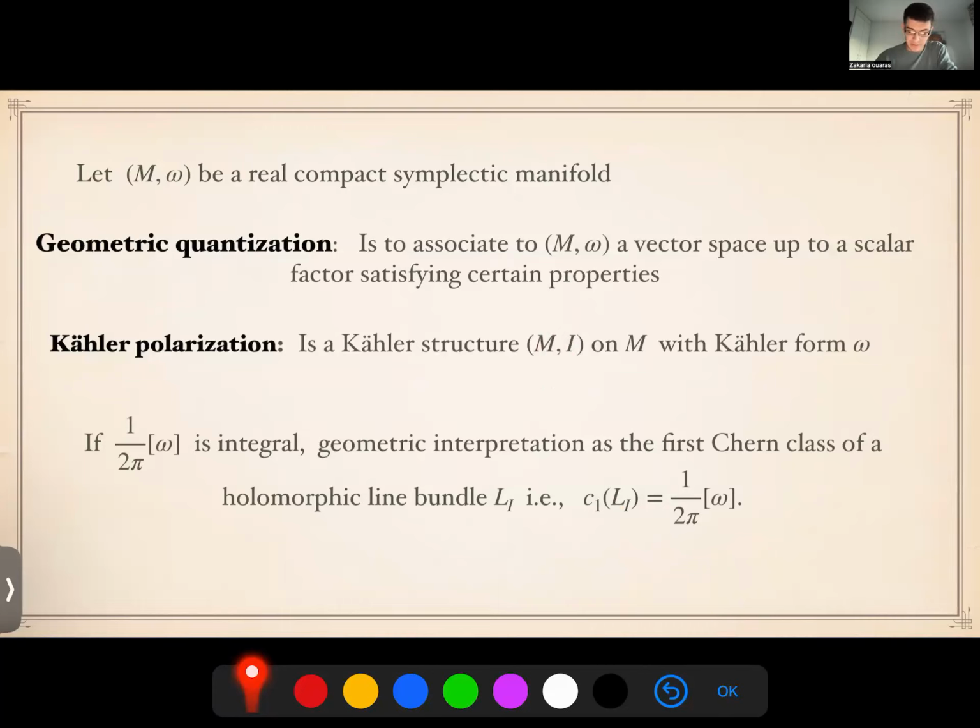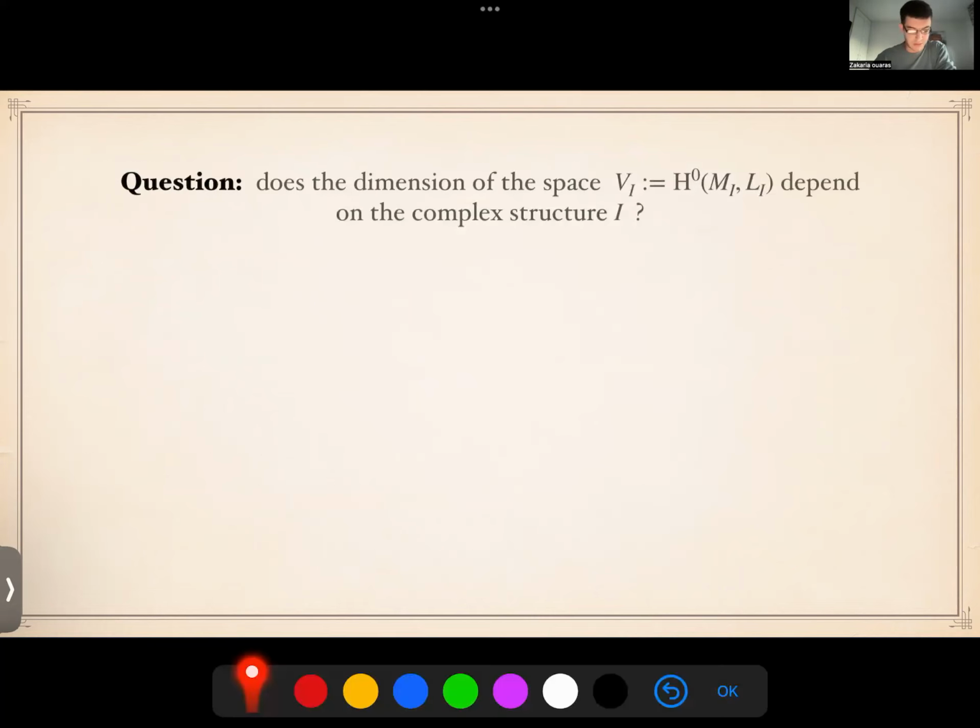So the natural vector space that you are interested in for the geometric quantization is just the global holomorphic sections. A natural question is: does the dimension of this complex vector space depend on the complex structure? To answer this, you need to understand a family of Kähler polarizations.